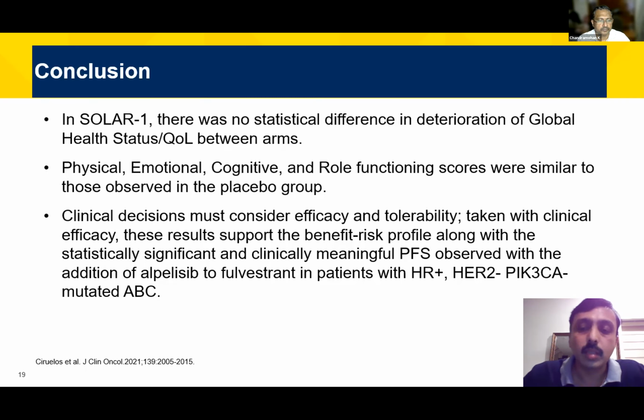So just reminding all of you that in addition to PFS, OS and other things, try to focus on these quality of life scales. I am sure that if we try to do this for our routine patients, we will be able to understand how they are responding to treatment in a better way.